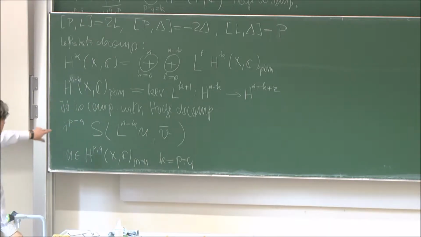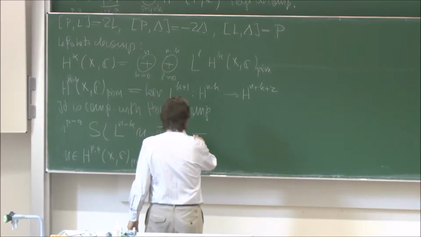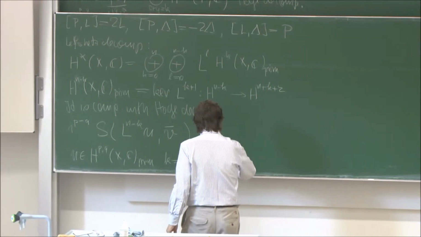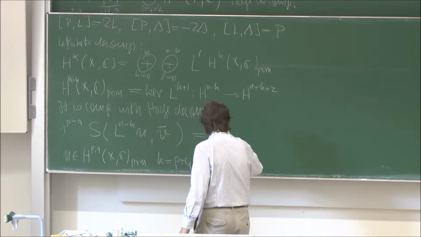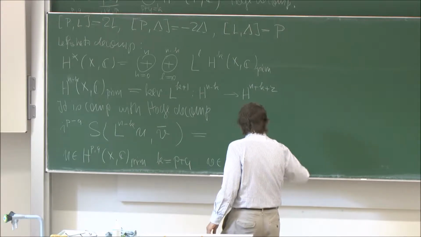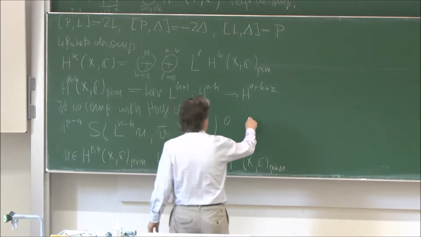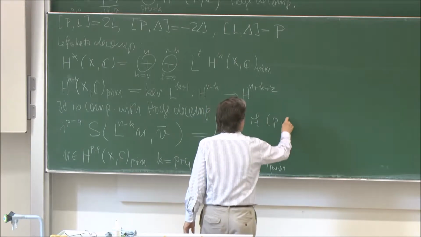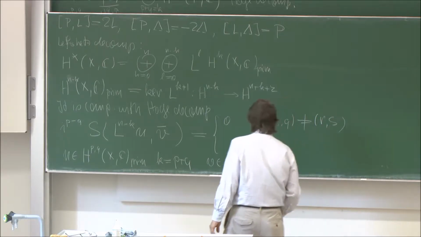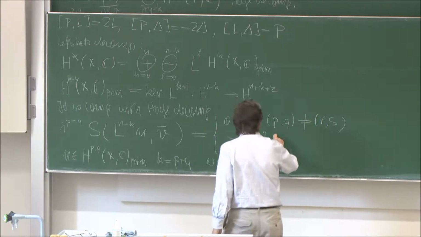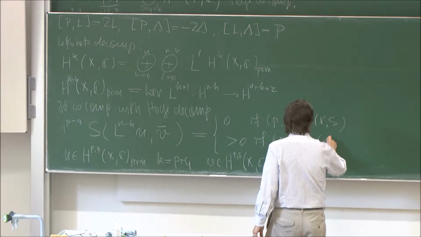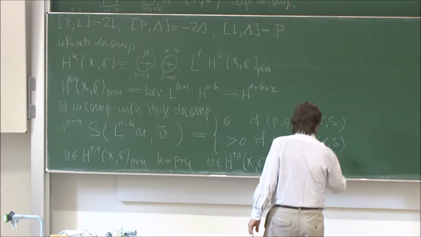Then u is in H^{p,q} and v is in H^{r,s}. Then this is 0 if (p,q) is different from (r,s), and is positive definite if (p,q) is equal to (r,s) and u is equal to v.